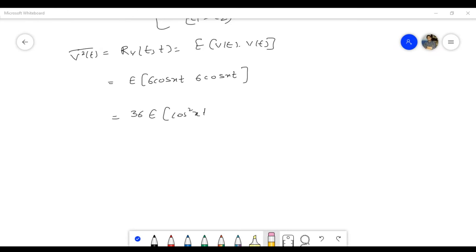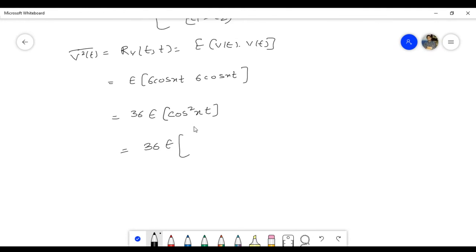So here it will be cosine square xt. Okay, so how can we write cosine square xt? We can write it as 36 times the expected value. You cannot do the integration for a multiplication function, cos into cos.